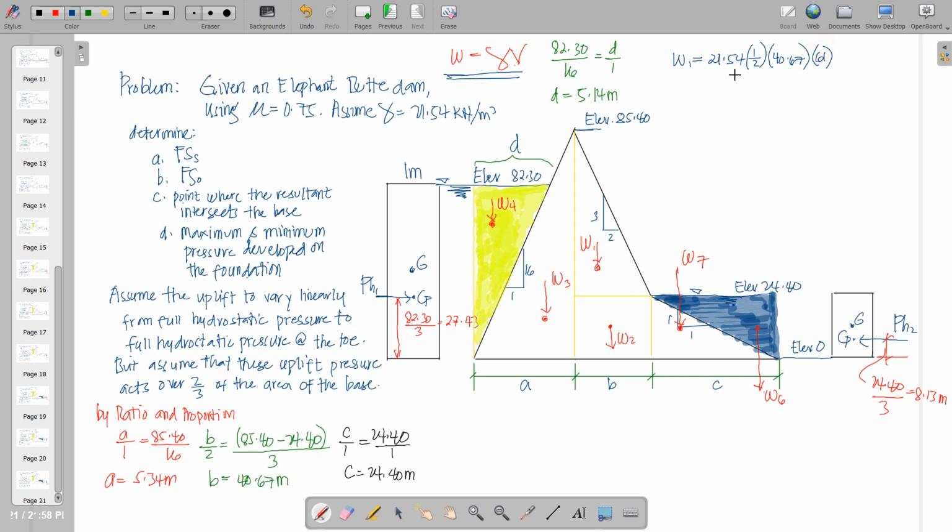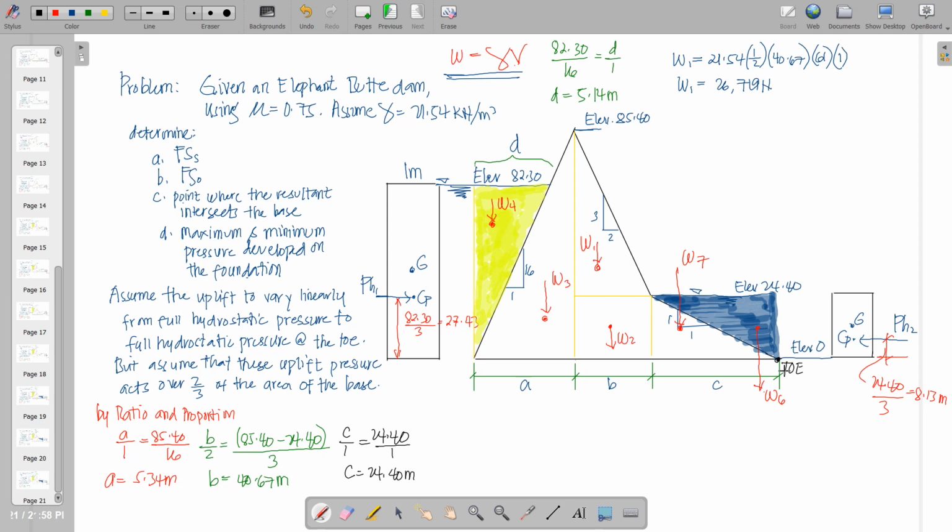So this is the area times a 1 meter strip to make it a volume. Therefore, W1 will be equal to 26,719 kilonewtons.